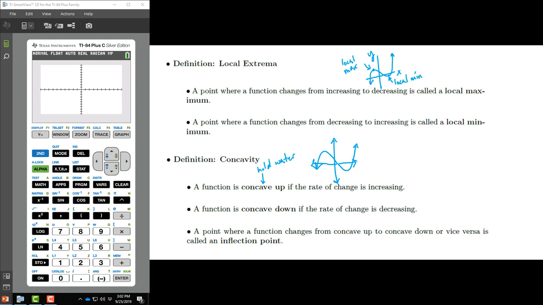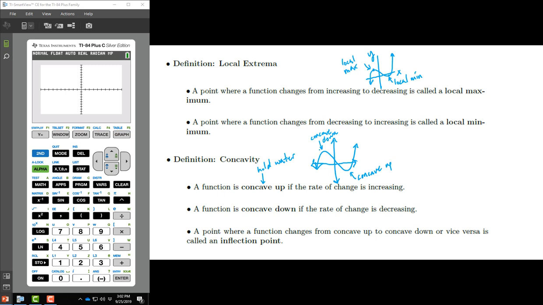Or another way of thinking of it is concave up is kind of the valley, right? Whereas concave down is this region where we're kind of forming this hill, okay? So we would say that this portion here is concave down, and then this portion down here is definitely concave up.